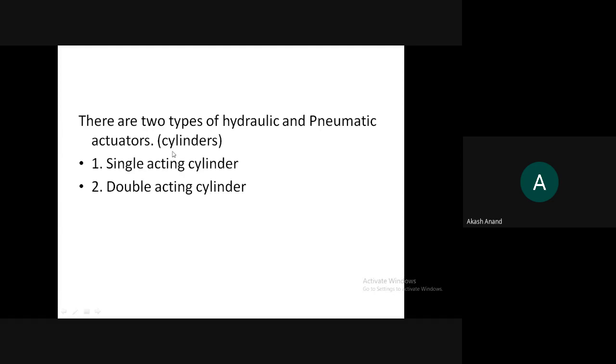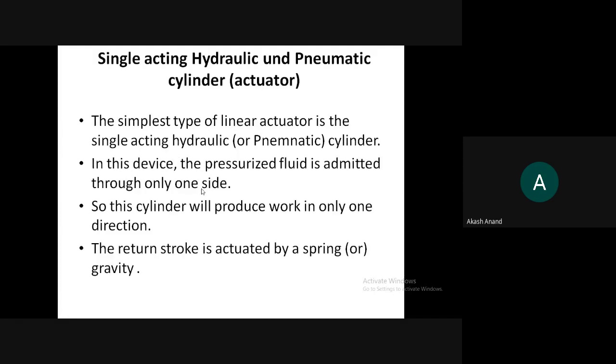As the name indicates, it is very simple to understand. First, you are supposed to know about single acting hydraulic and pneumatic cylinders. The simplest type of linear actuator is the single acting hydraulic or pneumatic cylinder.